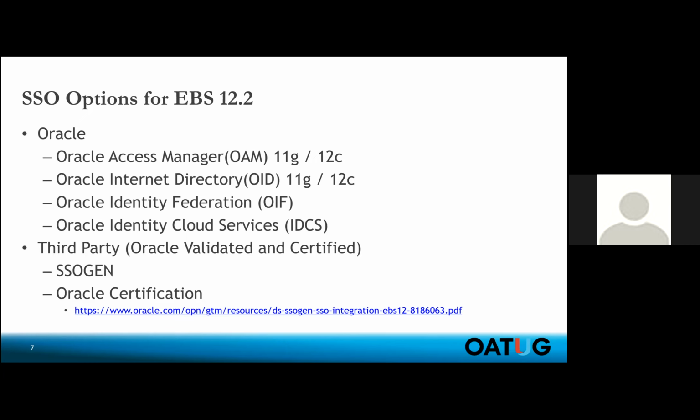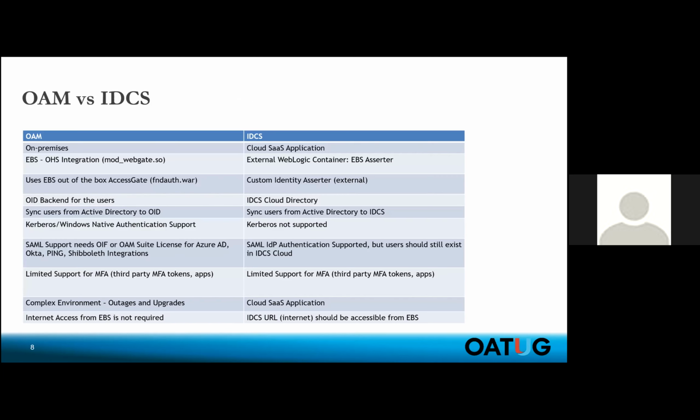We're the only Oracle validated and certified solution back in the day when we got started. We started around 2014 or so, and our product was out in 2015. We kept working with a lot of big organizations like GE. We can't reveal all the names, but we do have quite a few customers for whom we had to migrate from one SSO to another. Here is the link for Oracle certification and more details published on oracle.com about SSOGEN.